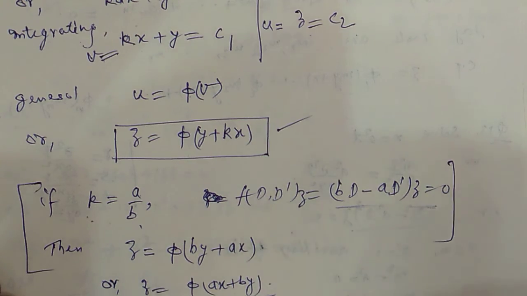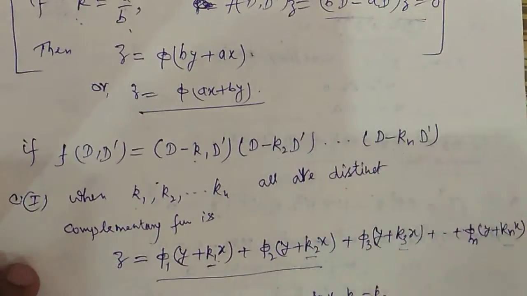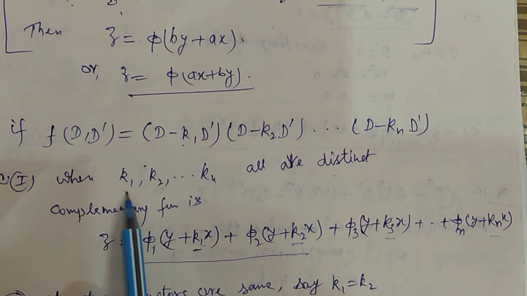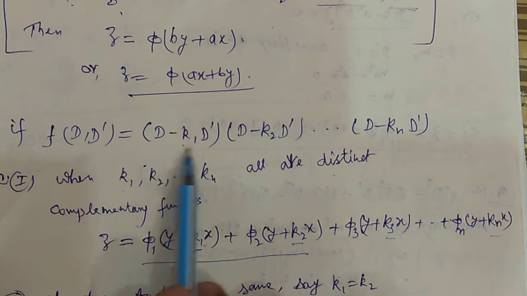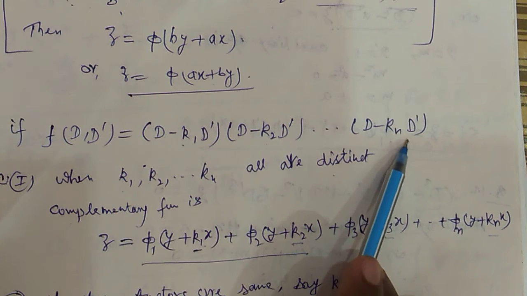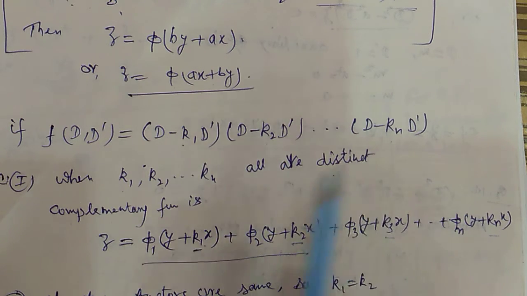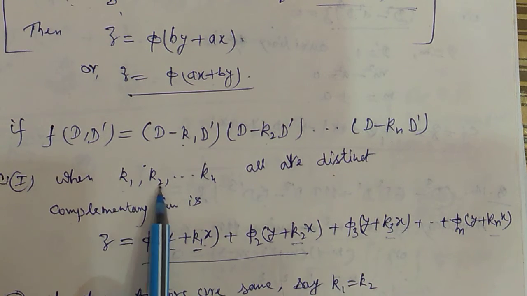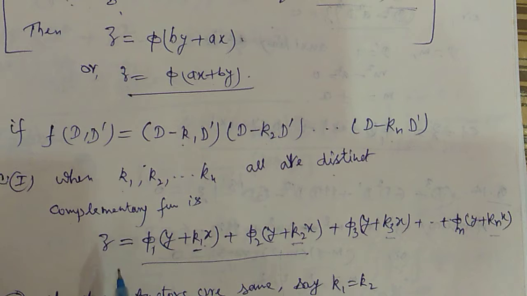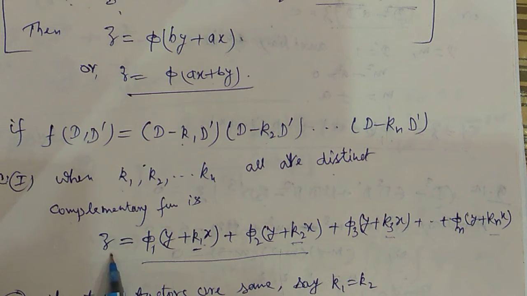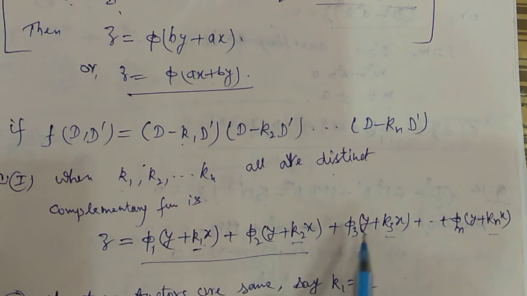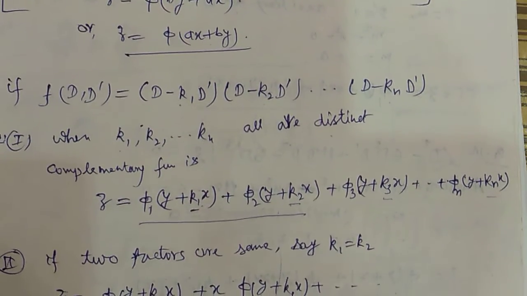Now suppose there are distinct factors, n factors, because it is a homogeneous polynomial of degree n. So we get n roots k1, k2, up to kn, all distinct. So the complementary function becomes phi 1 of (y plus k1 x), phi 2 of (y plus k2 x), phi 3, and so on.